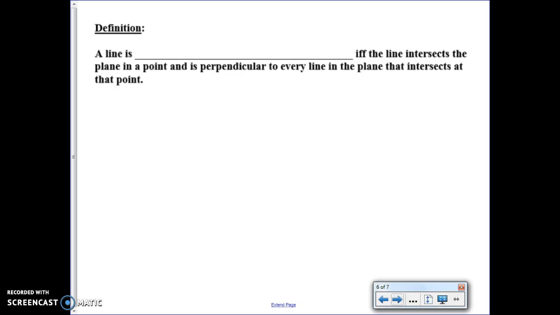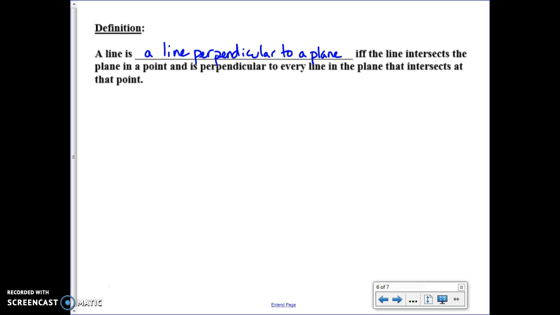Okay, a key definition that you need to know: a line is perpendicular to a plane if and only if that line intersects the plane at a point and it's perpendicular to every line in the plane that intersects at that point.